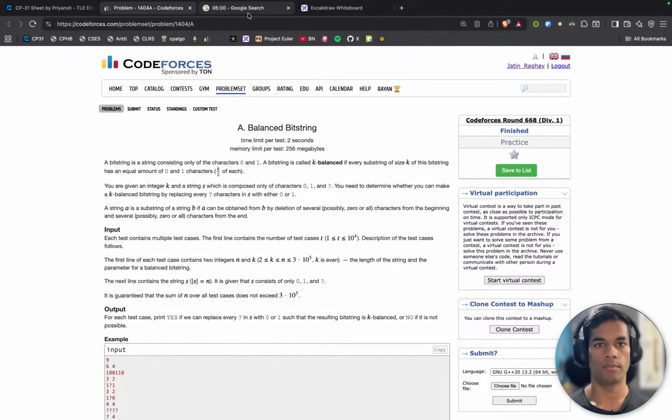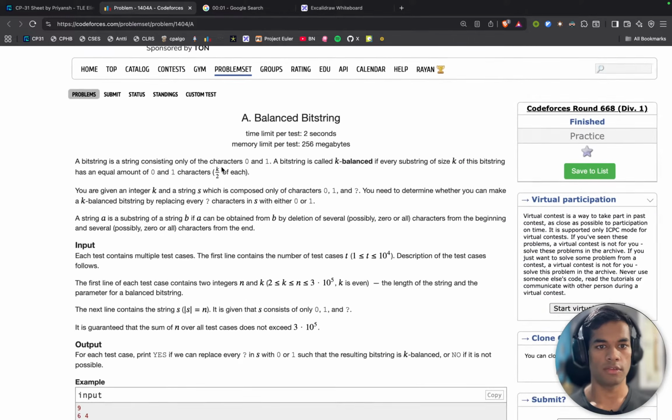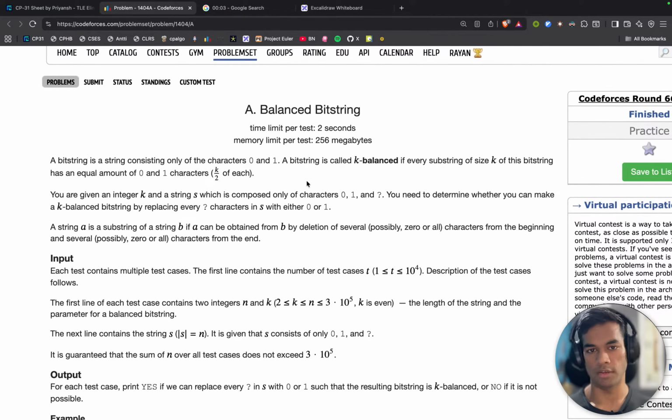Okay, cool. Begin. A bit string is a string consisting only of characters 0 and 1. A bit string is called k-balanced if every substring of size k of this bit string has an equal number of zeros and ones, that is k by 2 of each. And what if k is odd? You are given an integer k and a string s which is composed only of characters 0, 1 and question mark.